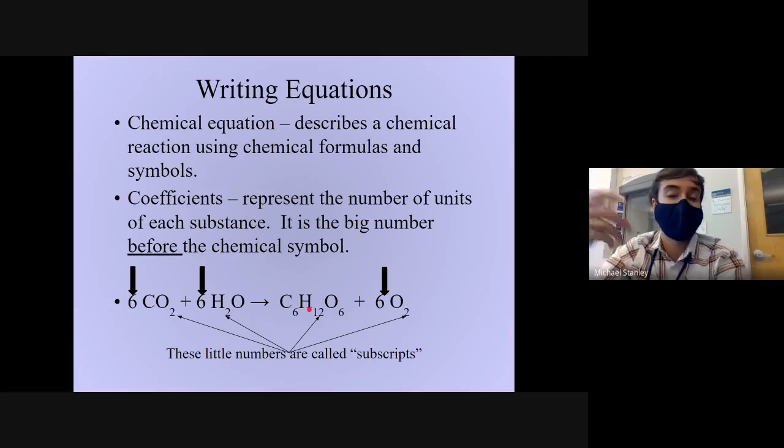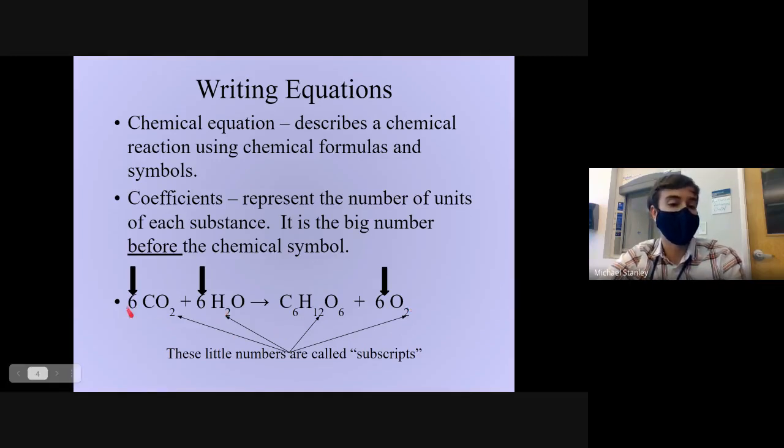It's just counting up the specific atoms in a certain molecule. Again, subscripts are permanent. Imagine they're on there in Sharpie or permanent marker. You cannot do anything with these subscripts. You can only fiddle around with these coefficients, which is what we're going to be focusing on mostly today.